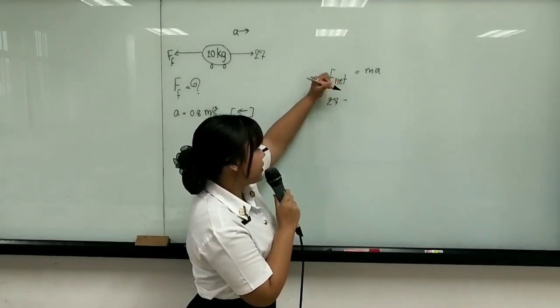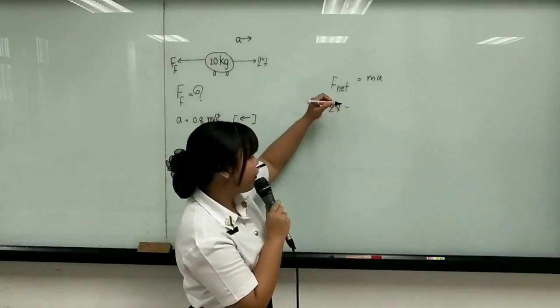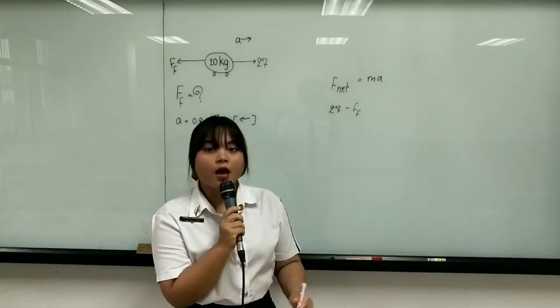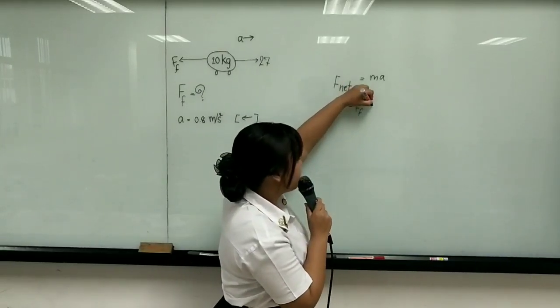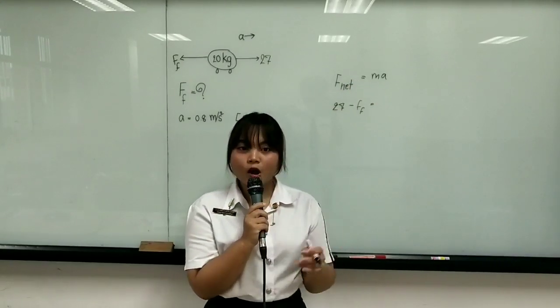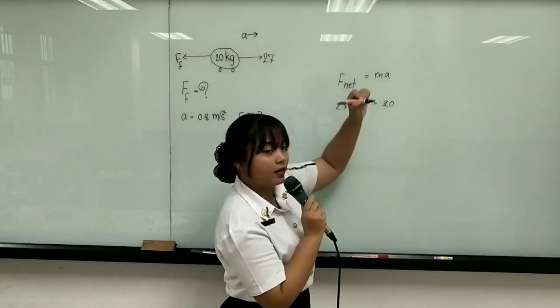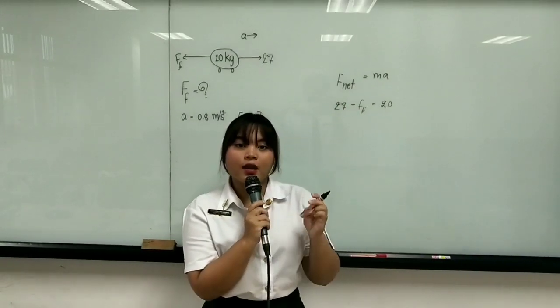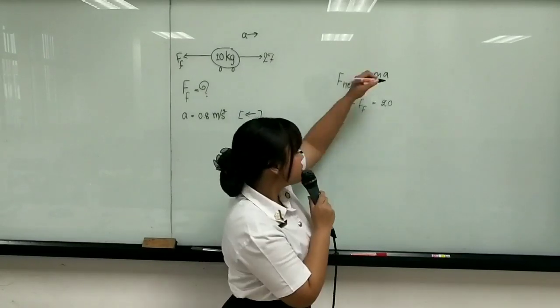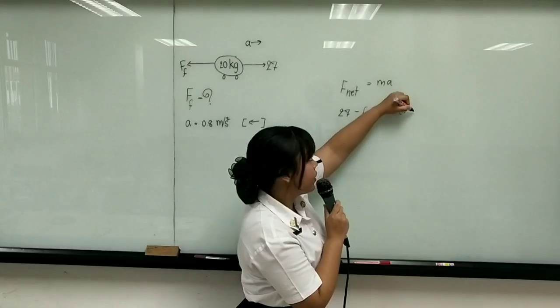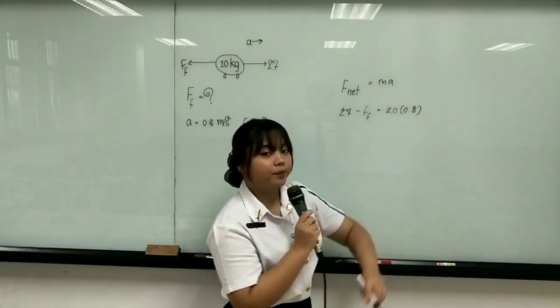27 minus the force of friction equals m. I know the m is 20 and the acceleration is 0.8.